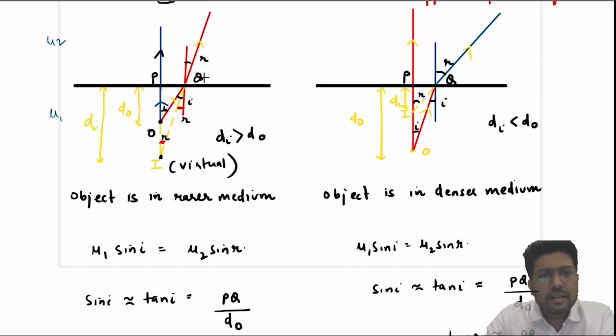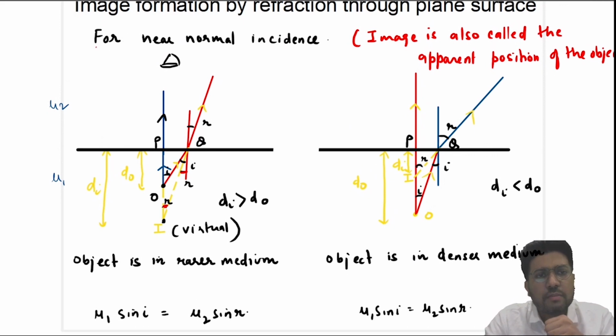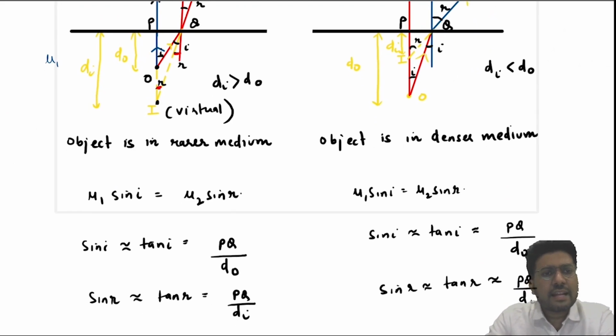Now in this triangle you can see that i and r are very small. We are taking only near normal incidence. This is very important, for near normal incidence only. That means the angles will be very small. So in this triangle, sine i is nearly equal to tan i, which is equal to PQ by OP, but OP is do.